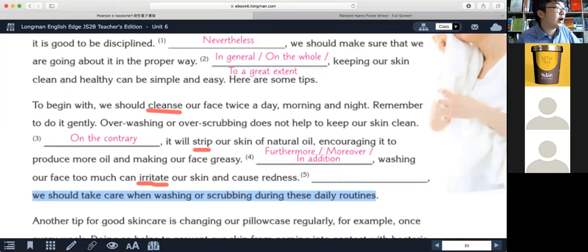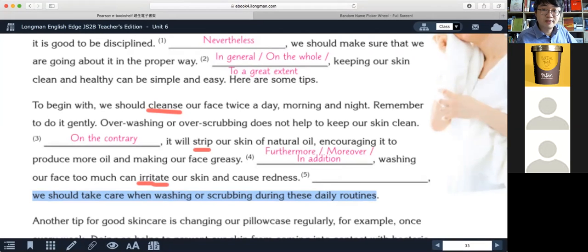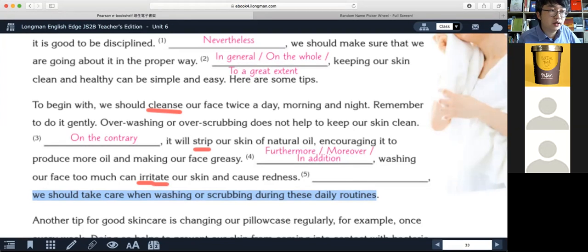We should take care when washing and scrubbing during these daily routines. All right. So this is not a summary. This is the result. So remember, this is the result of the reason here. Why should we take care when washing and scrubbing? Because it will irritate our skin and cause redness.